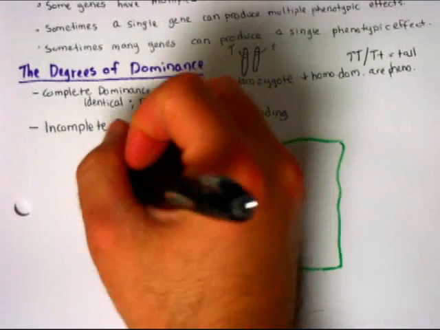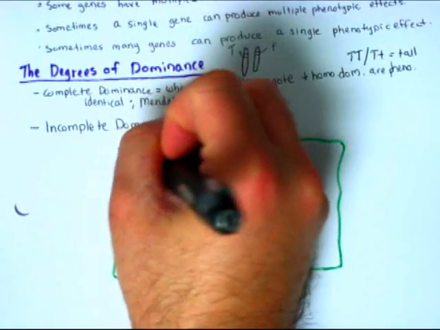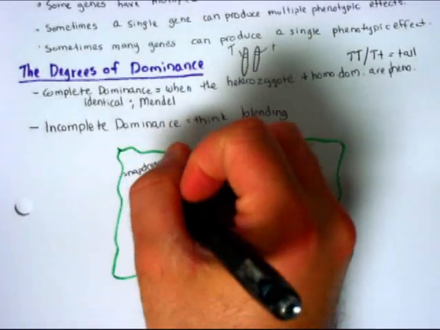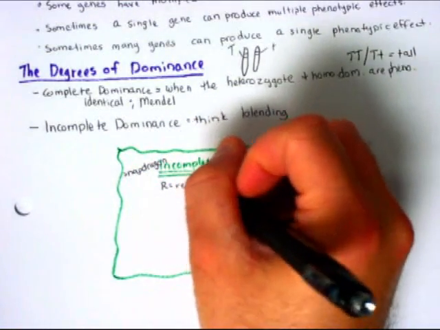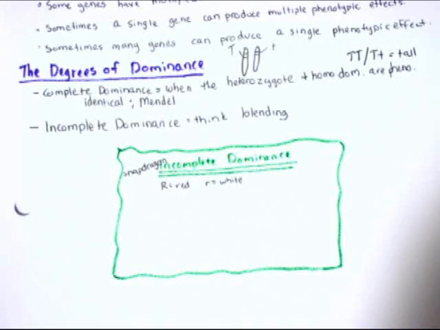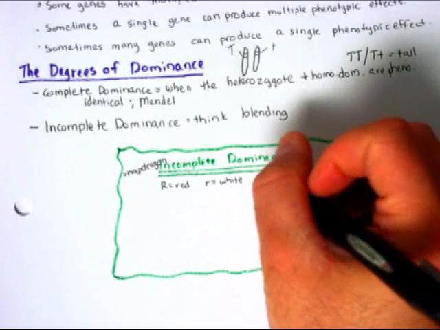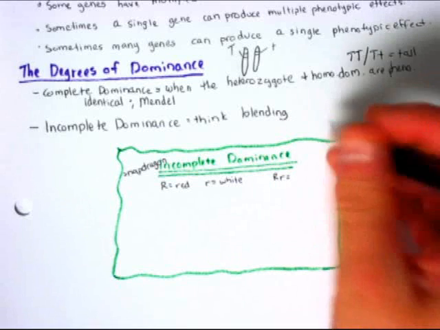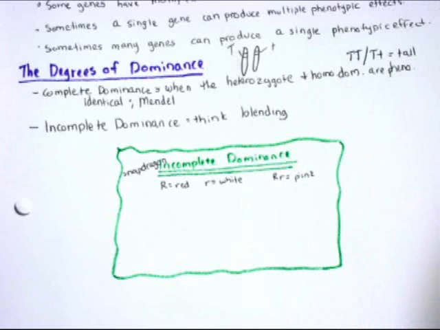I always think of a special type of flower called the snapdragon, which was mentioned in your book, chapter 14. For snapdragons, the big R allele causes a red color. The little r allele causes a white color. So the dominant allele is red, the recessive allele is white. And the heterozygote, Mendel would have pictured as being red, but for snapdragons, it's pink. That's why I said think blending.